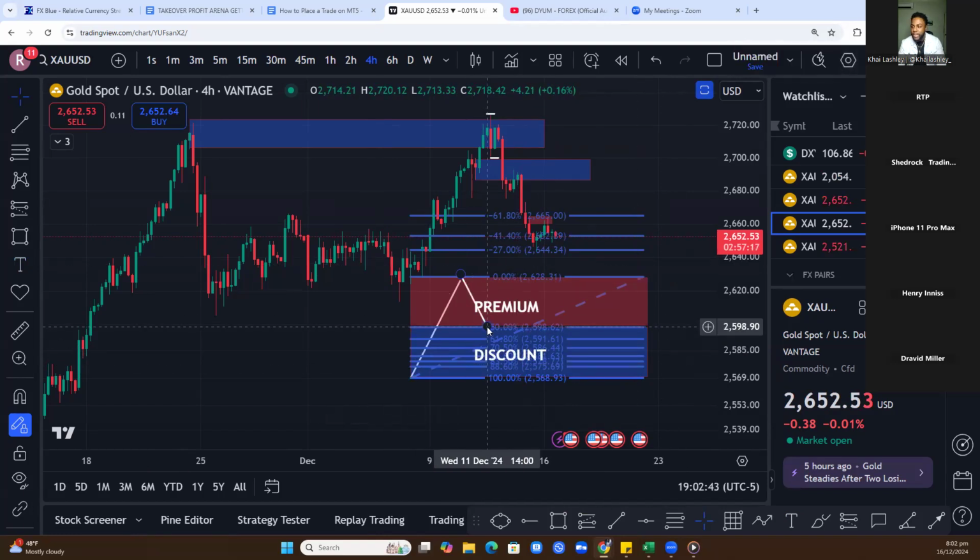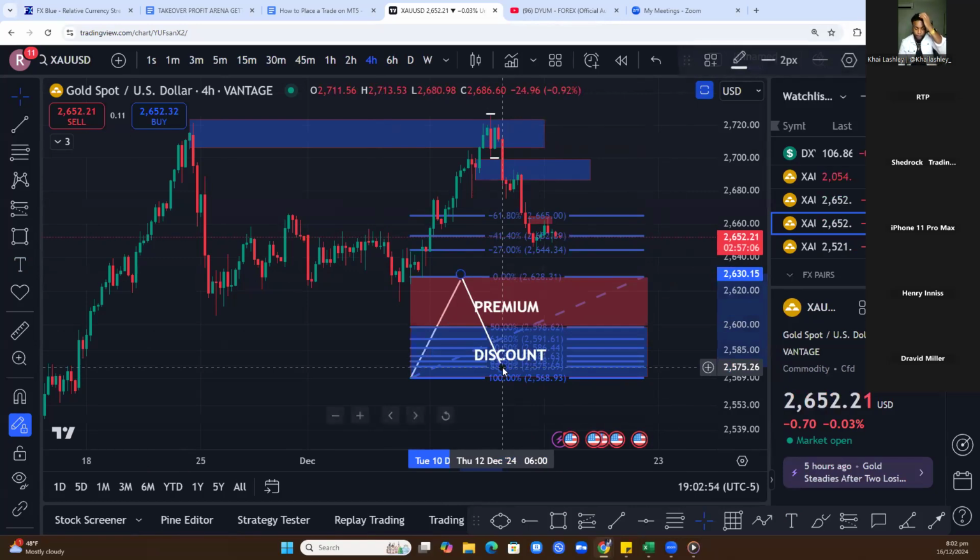So we're really looking for the market, ideally, to come anywhere from below 61% all the way down to, I would say at most, 88%. Quite frankly, guys, the market could pull back almost 100% of the move. But the ultimate aim is that we are buying below 50%.